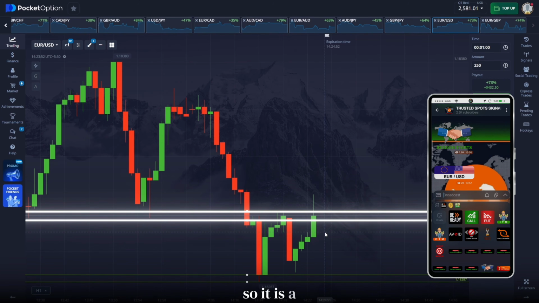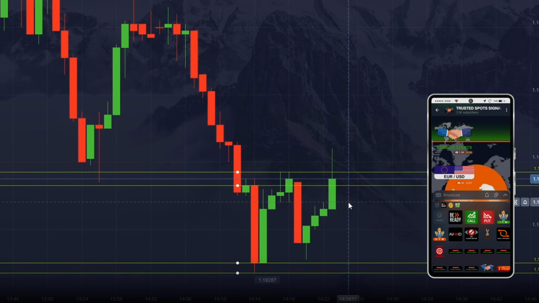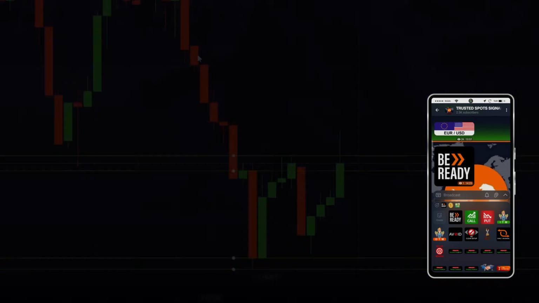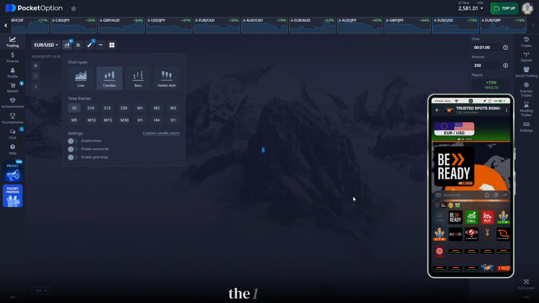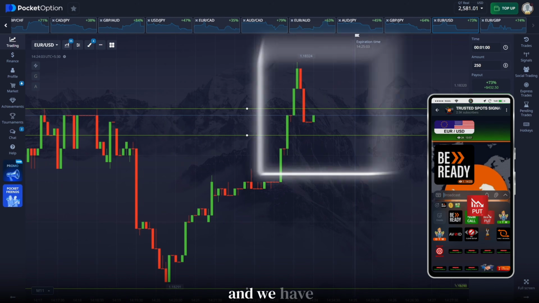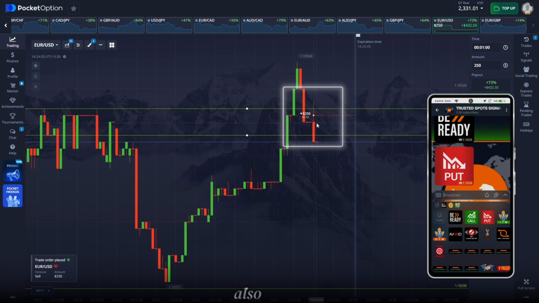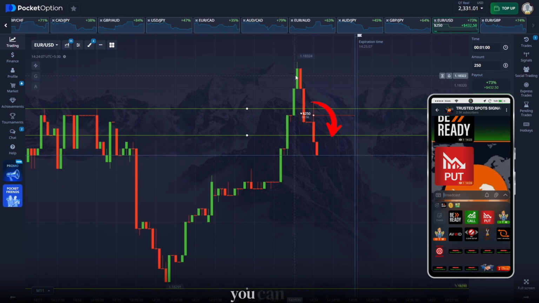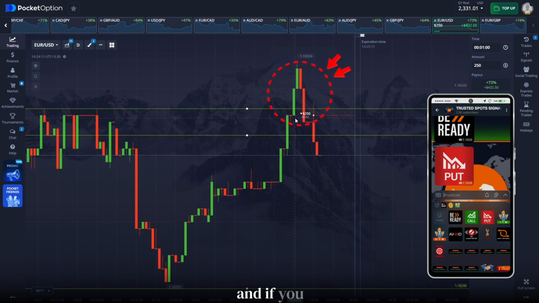So it is a sign that price can reverse. Now I will open the 5-second chart. The 1 minute candle closes inside and we have confirmation also in the downward direction. You can see we have this candle as a reversal confirmation, and if you compare these 4 candles, they also are forming a reversal pattern.